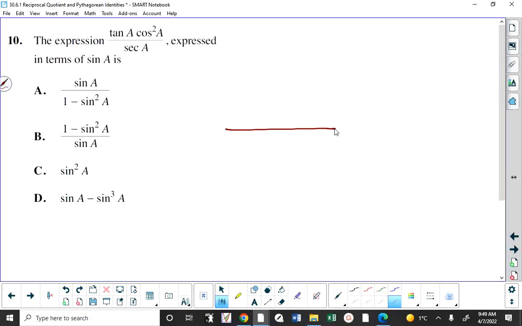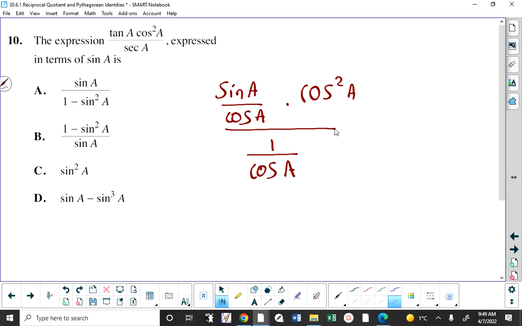So when I write this in terms of sine and cosine, I have sine of A over cos of A. And then I'm multiplying by cos squared of A. And this is over 1 over cos of A. Does that make sense to you? Okay. Now there's two things you can do here. Did it occur to you that we could cancel on the top one of these cosines?